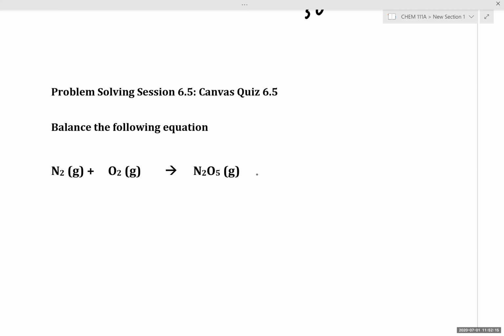And this one's pretty fast to balance, so we'll discuss this example in about 1 to 2 minutes. And don't be shy to message your balanced equation for this example into the chat.